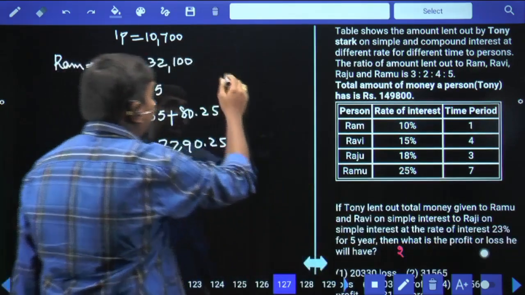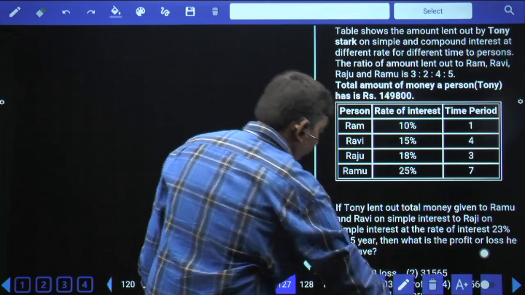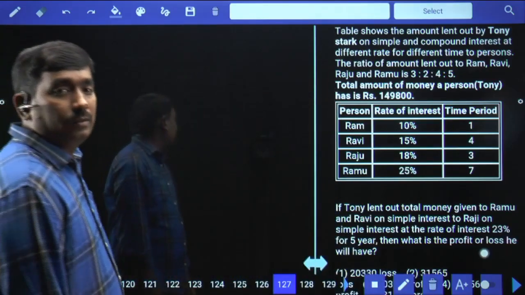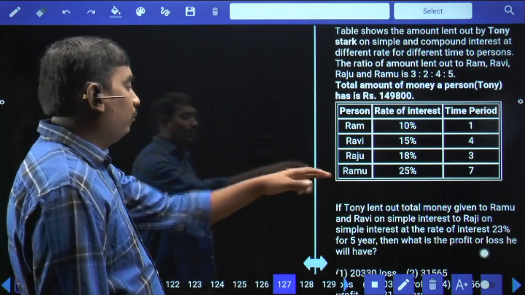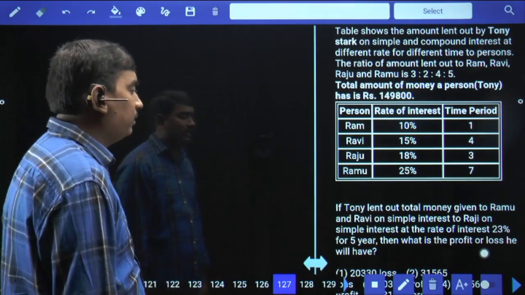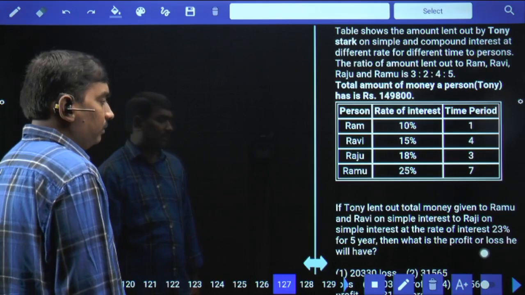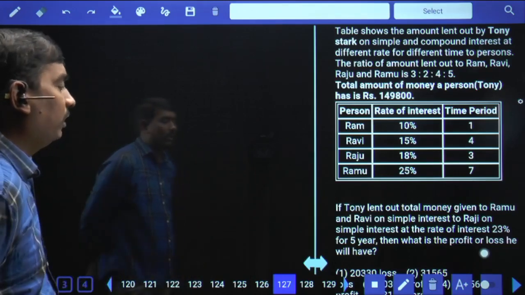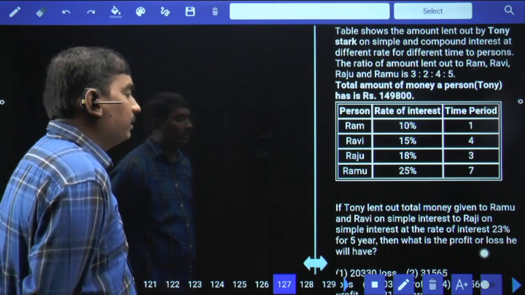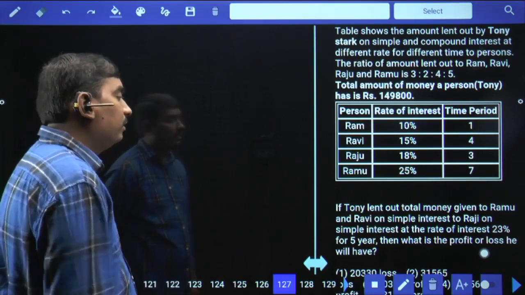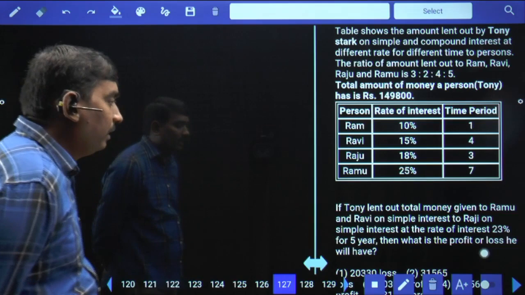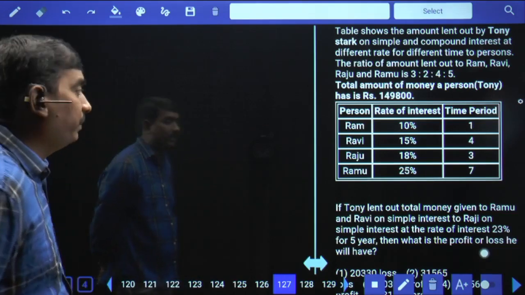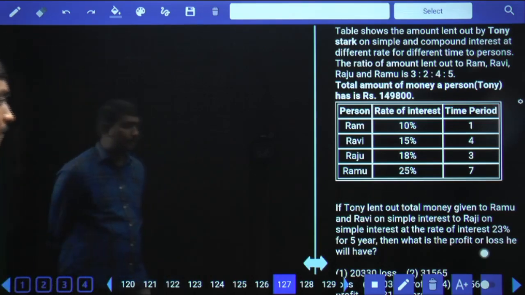So next thing. Tony lent out the total money given to Ramu and Ravi on simple interest to Raji, at the rate of interest 23% for 5 years.